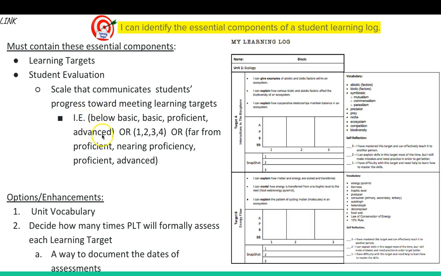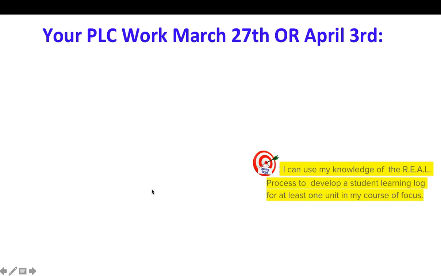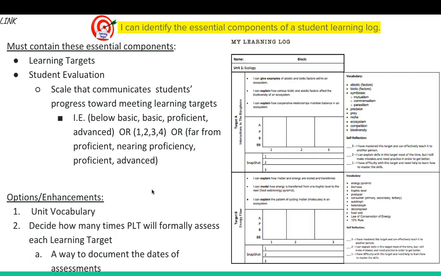So, i.e., below basic, basic, proficient, or advanced, if that's a language you want to use, or a 1, 2, 3, or 4, as long as students know what that means. Or you can use language that comes from the state level, which is far from proficient, nearing proficiency, proficient, or advanced.